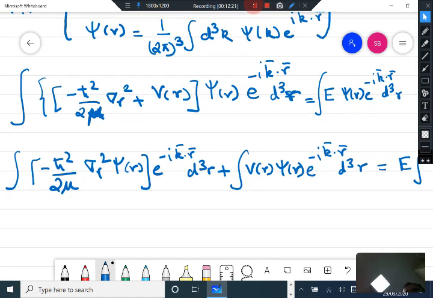I am just opening out the brackets and taking the Fourier transform of each part of the equation.